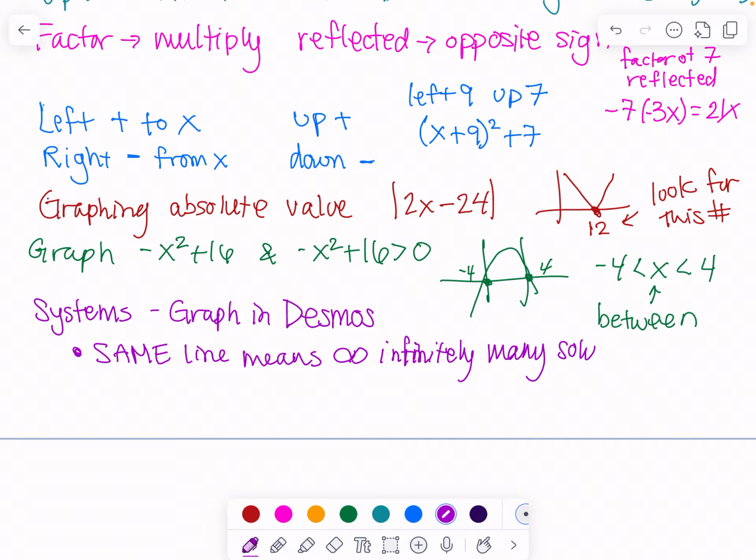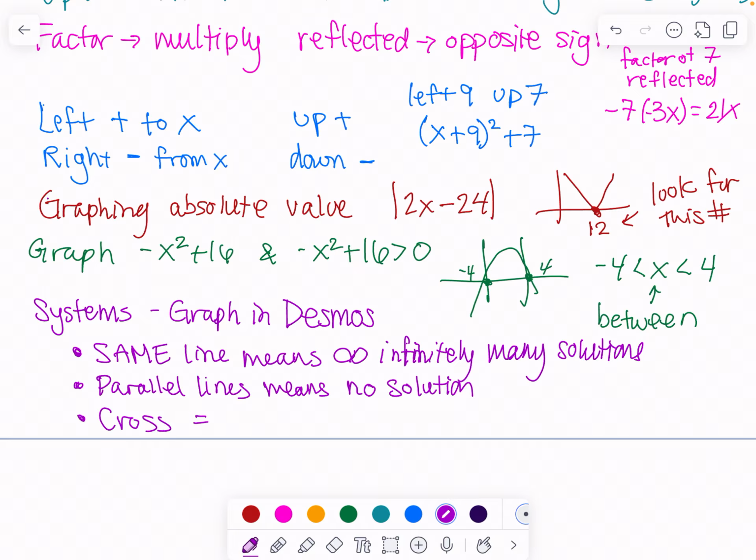If they're the same line, which it was, it means infinitely many solutions. If they're parallel lines, it means they're never going to cross, so no solution. And if they cross, that equals a point, which means one solution.